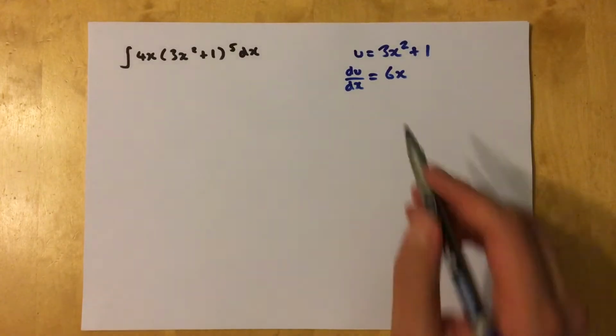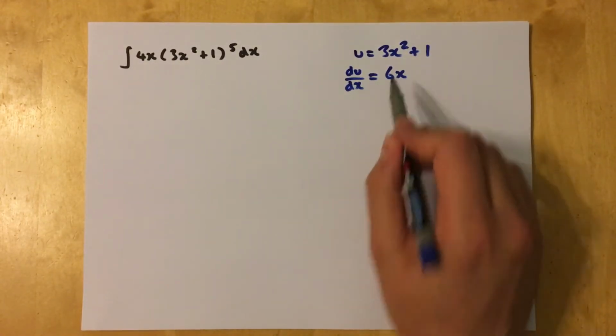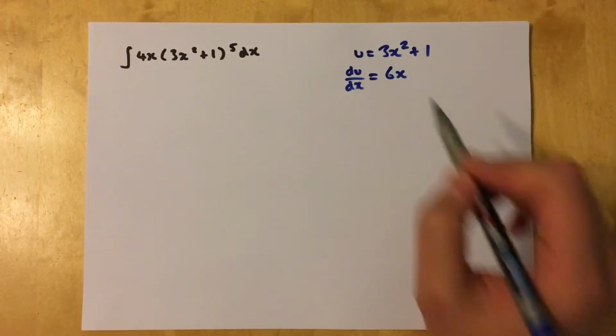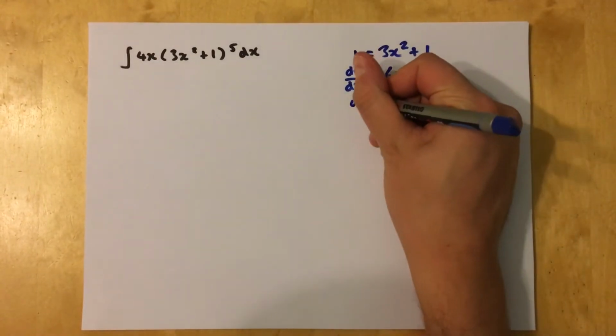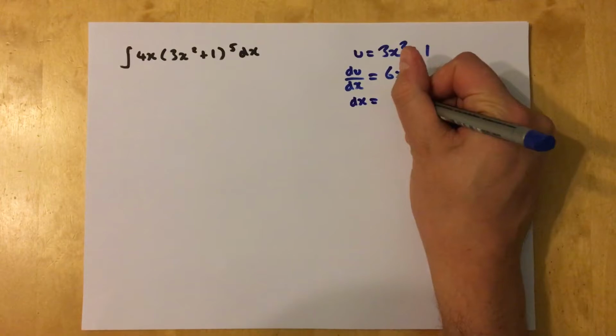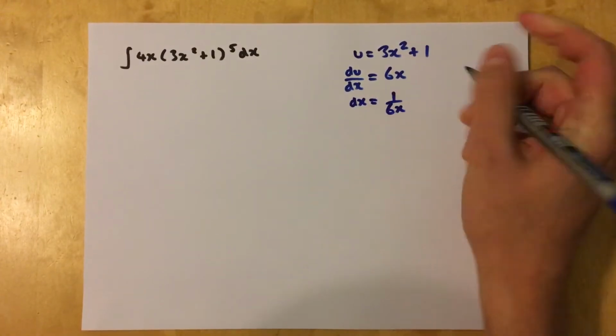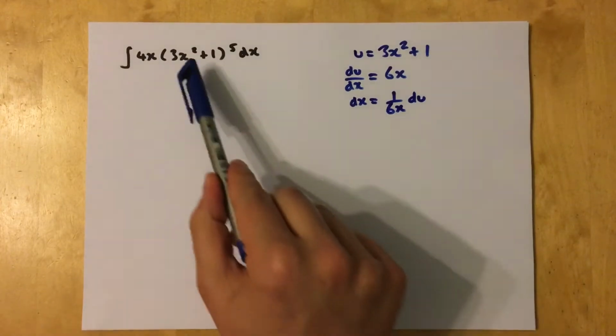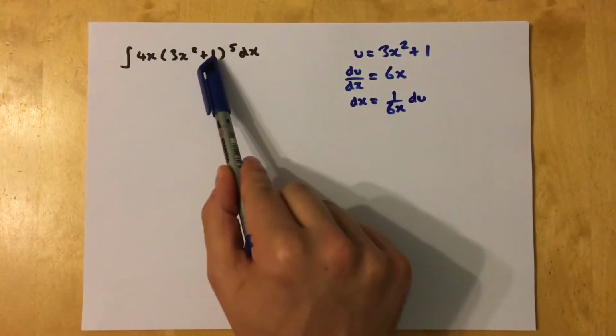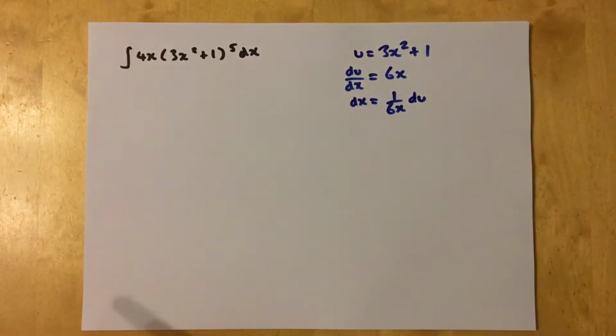If we rearrange this by multiplying both sides by dx and then dividing both sides by du, we get that dx equals 1 over 6x du. So I now have something I can replace the 3x squared plus 1 with, and something I can replace the dx with as well.